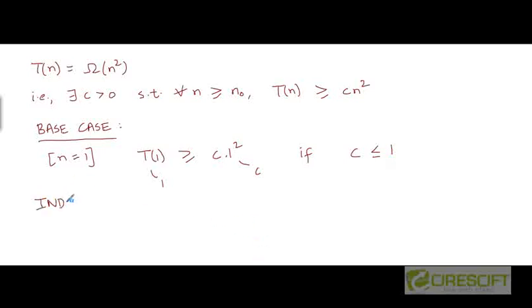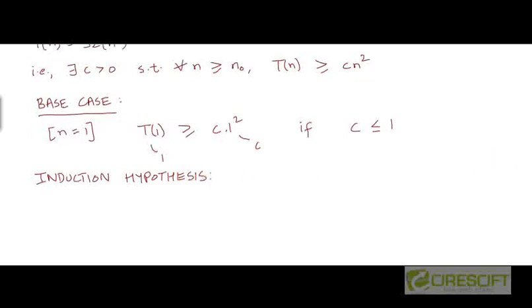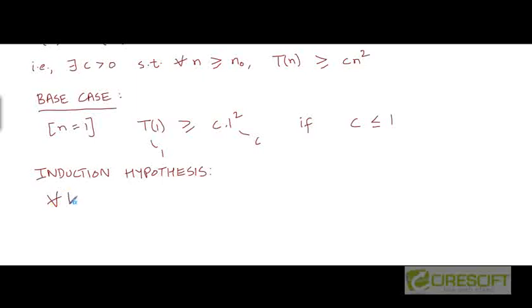So our induction hypothesis will be that for all values of k in the range 1 to n minus 1, T of k is greater than or equal to C times k square.